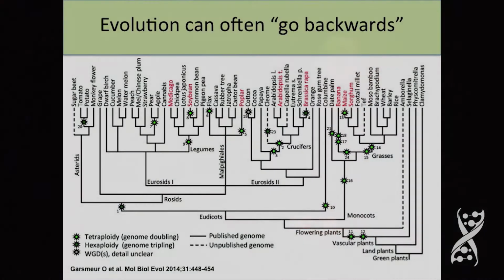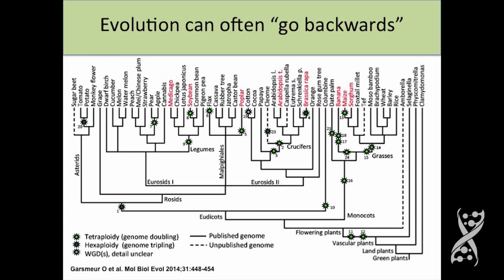Another example of this occurs very often in plant evolution. So when we look across angiosperms, the green sunshines here indicate cases where plant genome evolution has undergone whole genome duplication. So plants have experienced polyploidization events.